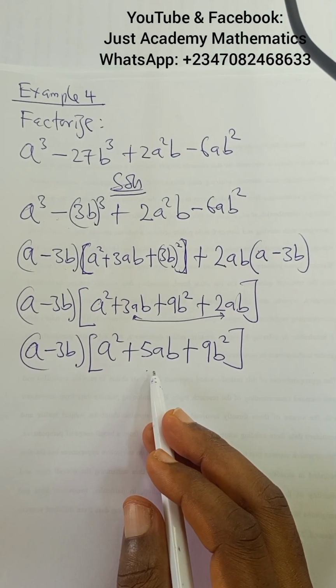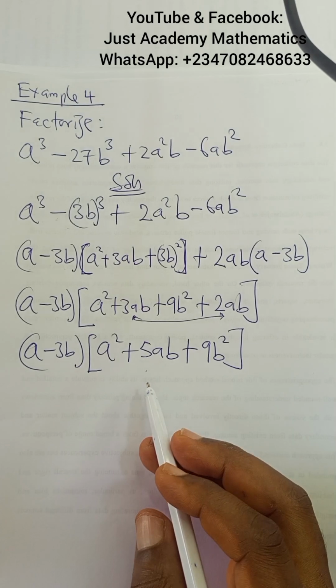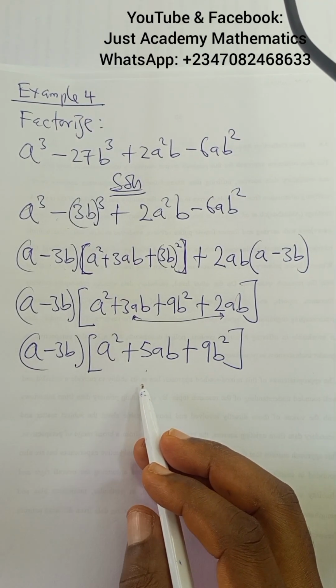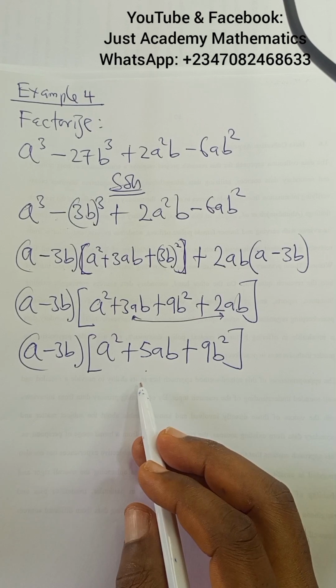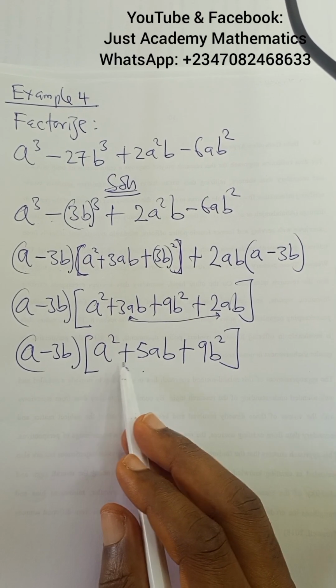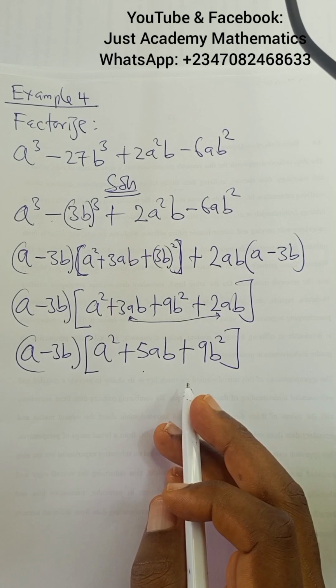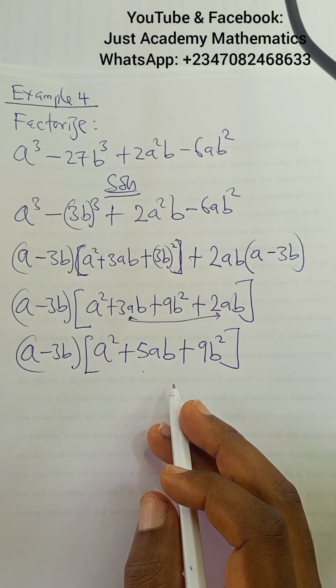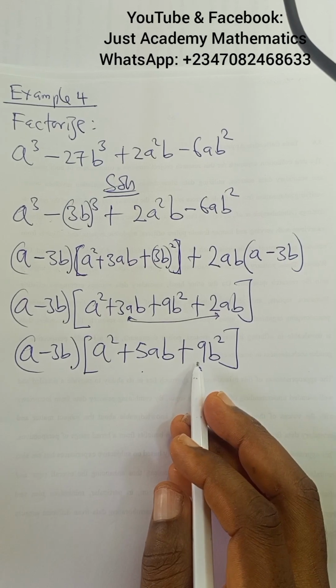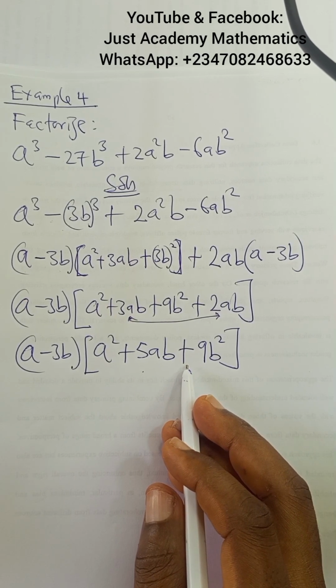If we can factorize it, then we can go ahead and do it. If not, we'll just have to leave it like this. So add to give you 5, times will give you 9. Anything like that? I don't think so.